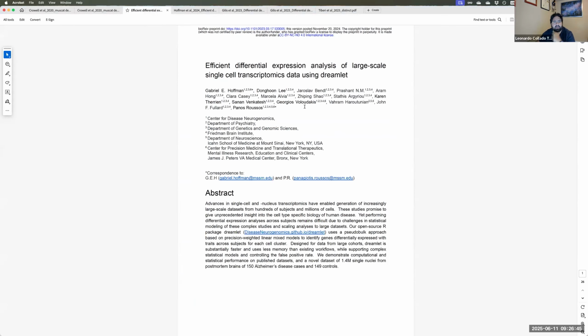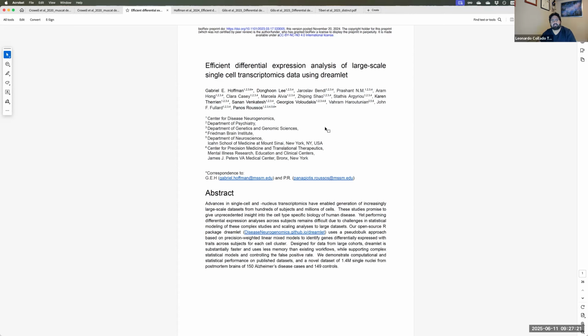So this one is a preprint from March 2023. The first author is Gabriel Hoffman. He's the author of variancePartition and dream. He's the main analyst for a lot of the work developed at Mount Sinai, with Panos Roussos from their group. Now, a lot of times, the data they've been working with is the CommonMind Consortium data set.